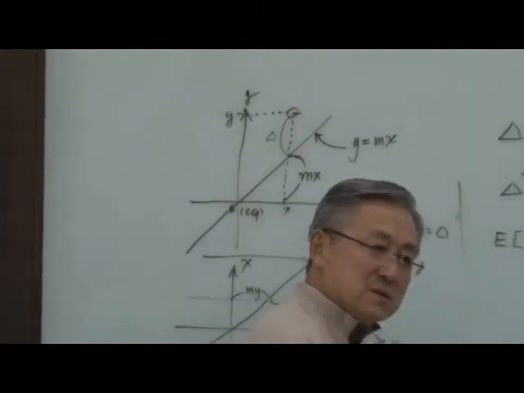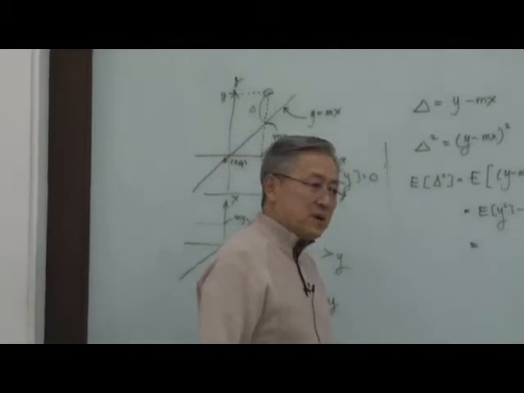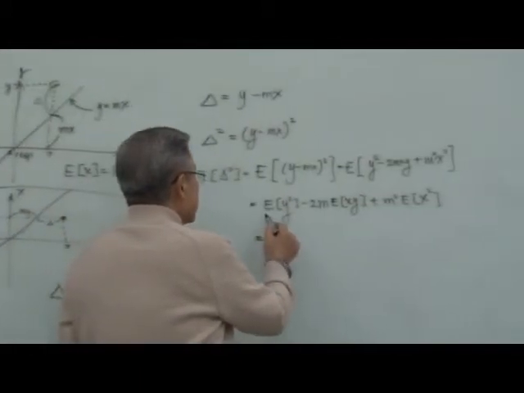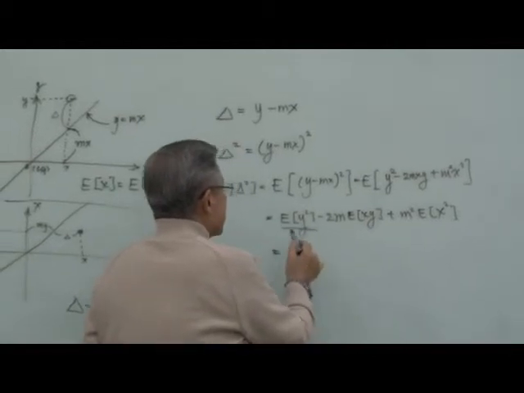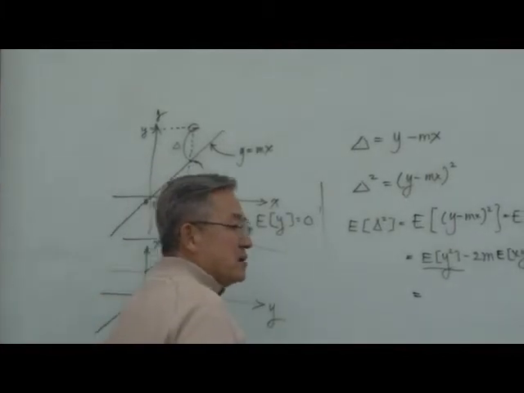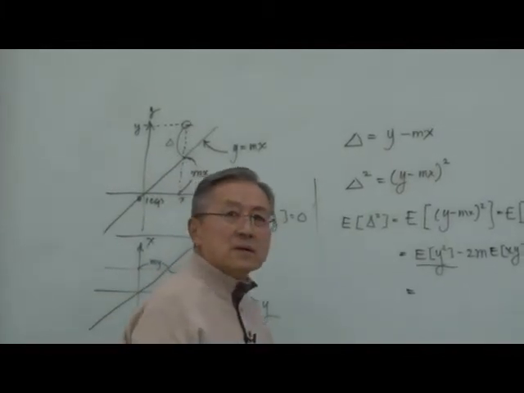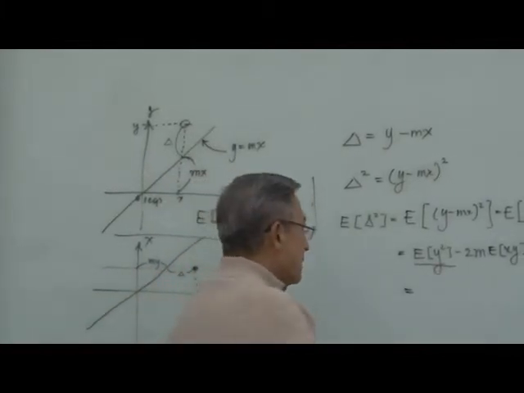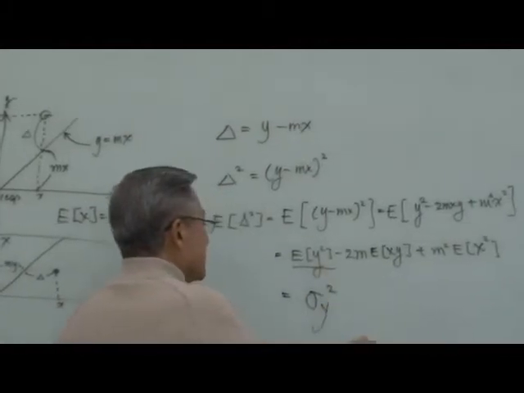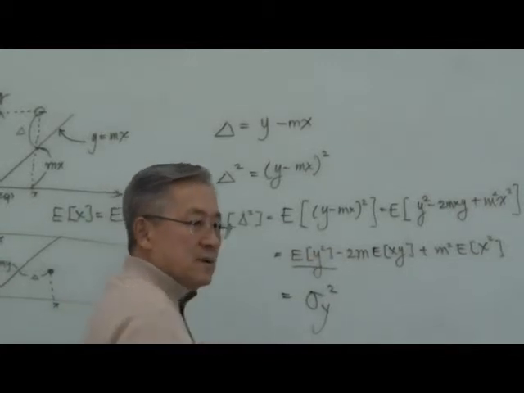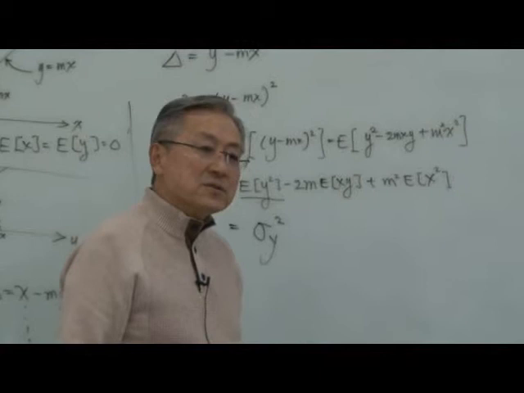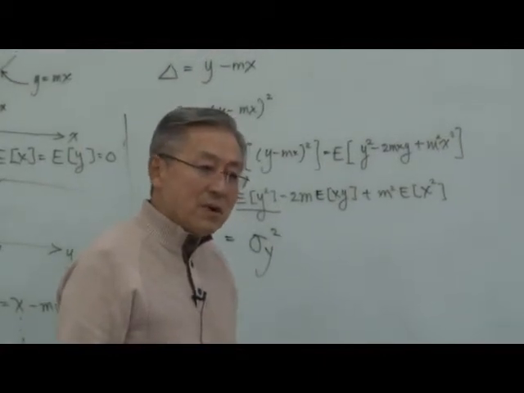Just to put it out. Because the mean value of x and y are equal to 0, I can say that sigma y squared, on the condition expected value of y is equal to 0, right?